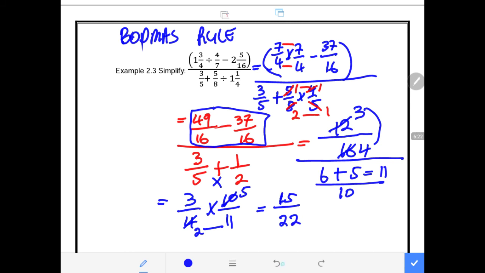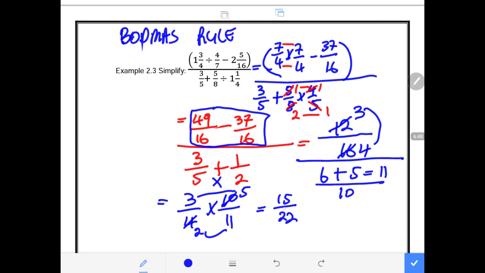Now we need to check: we have 15 over 22, which is 3 times 5 and 2 times 11. So now we say 15 over 22 will be our final number because 22 does not go to the number 15. Otherwise, it is above. So now we leave it like this in this case.